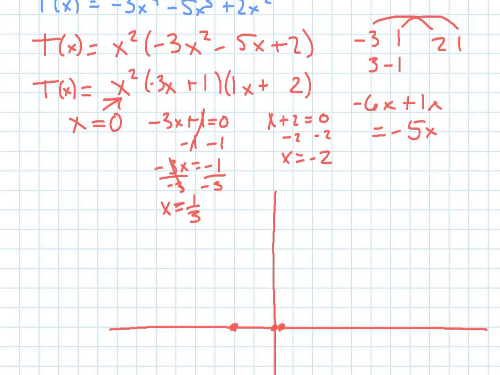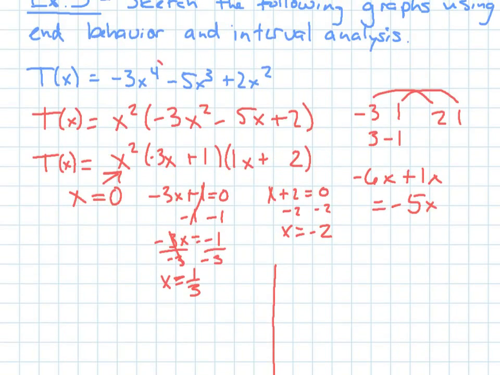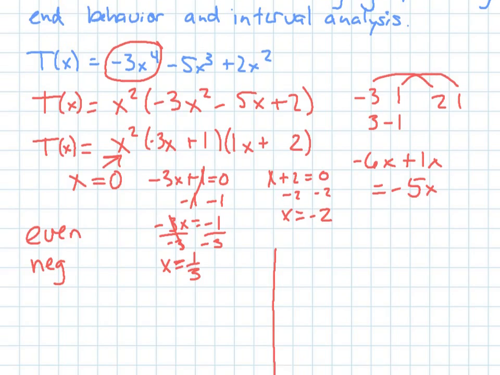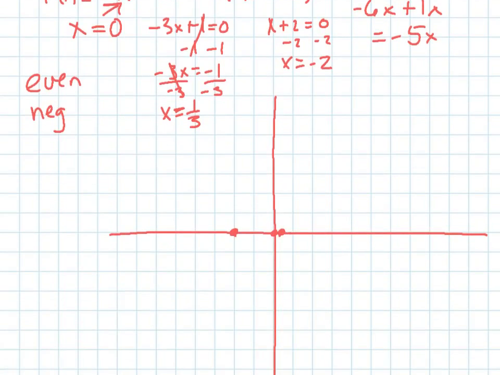Also, looking at my end behavior, let's go back. There's my leading term. So it's going to be even, because it's to the 4th power, and then it's negative because you have a -3 attached to the top. So even negative means that you're going to have a picture where both arrows are heading down. Okay.